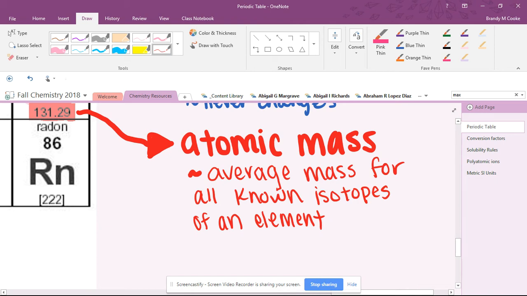Okay, so there's a couple new words here. So it says atomic mass is the average mass number for all known isotopes of an element.